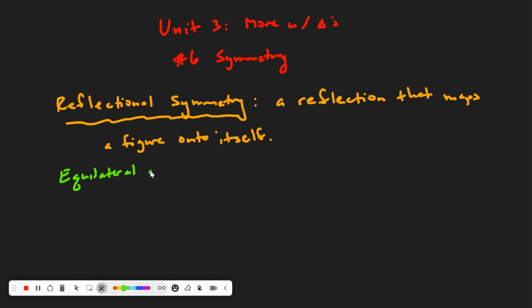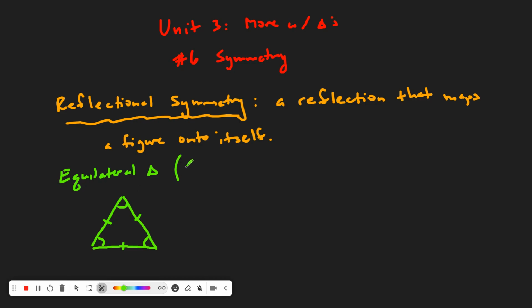An equilateral triangle, you can hopefully remember from earlier in this chapter, has all three sides congruent and all three angles congruent. I'm going to mark all three sides congruent, all three angles. Now, as we get into bigger polygons, 4-sided, 5-sided, 6-sided, when a polygon has all congruent sides and all congruent angles, we call it a regular polygon.